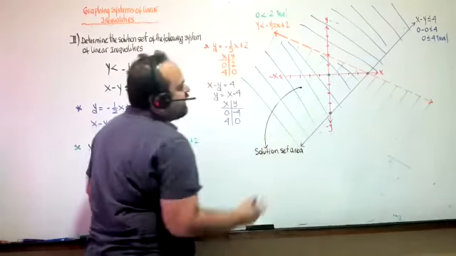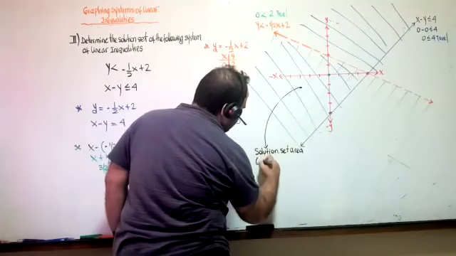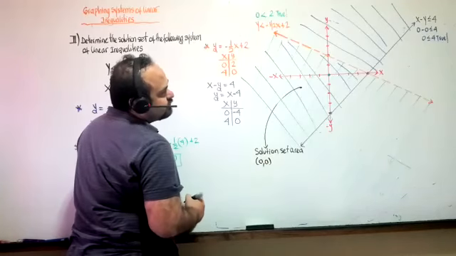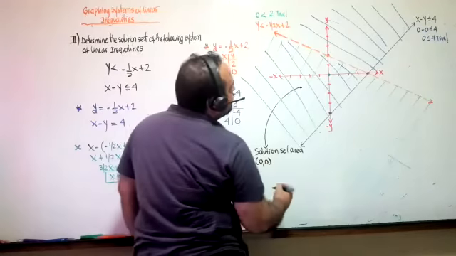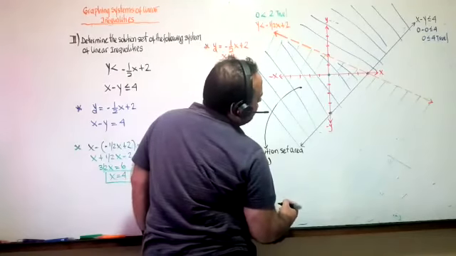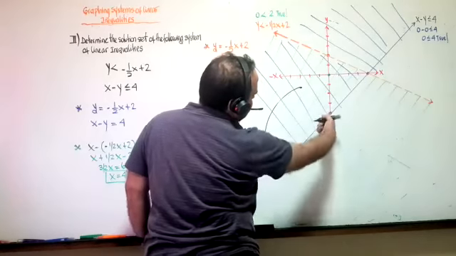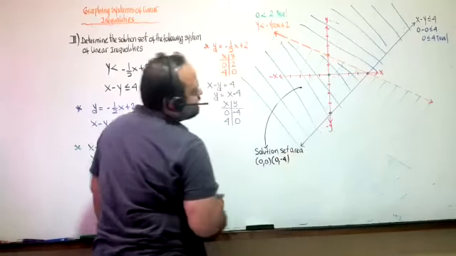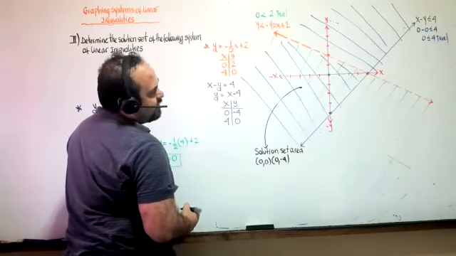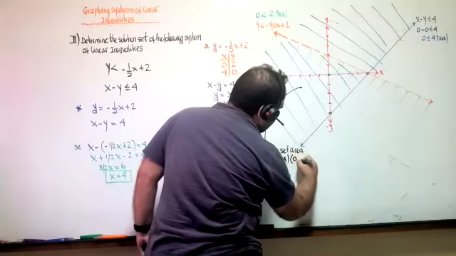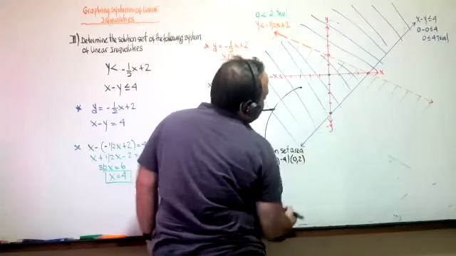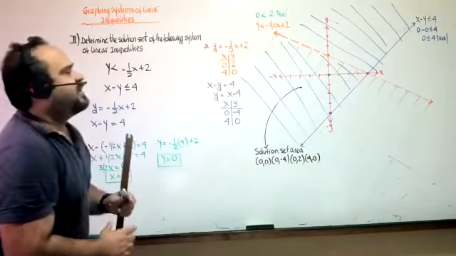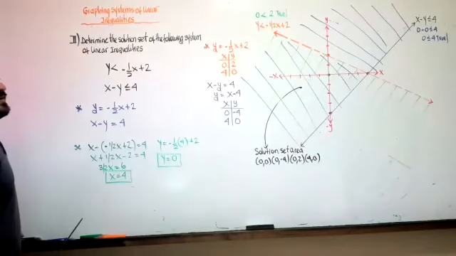And the points are just like you said, 0, 0. What else? 0, negative 4. What else? 0, 2. And obviously 4, 0. And that's all that we have to do in this problem.